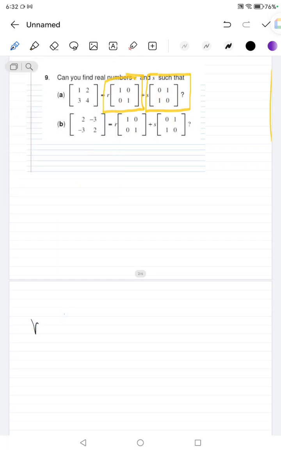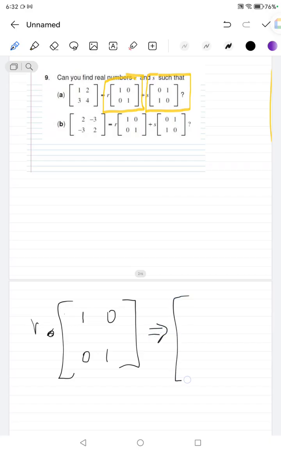We have our R multiplied by the 1, the 0, the 0, and the 1. So what's this? It's going to give us your R multiplied by 1. This will give you your R multiplied by 0. This will give you your 0. Your R multiplied by 0. This will give you your 0. Your R multiplied by 1. This will give you your R.